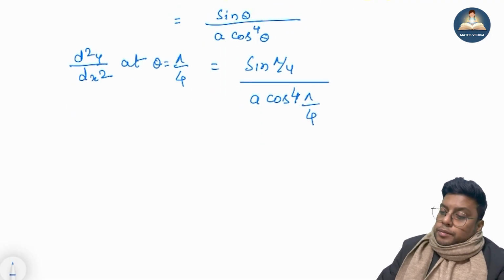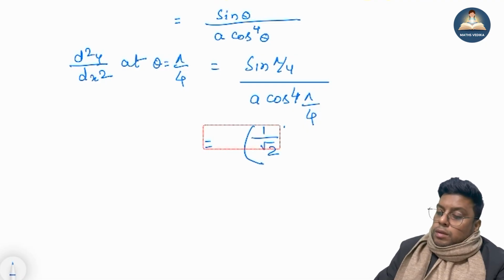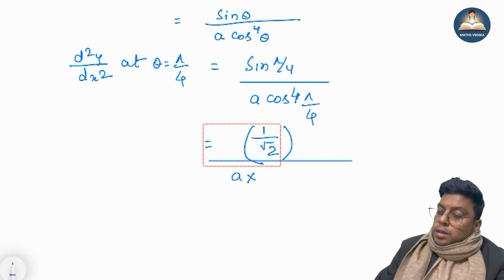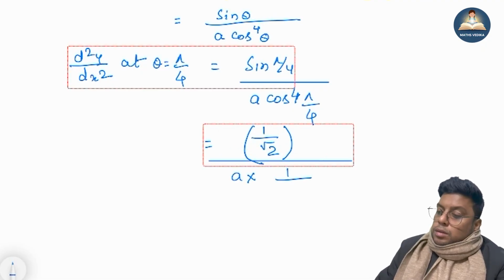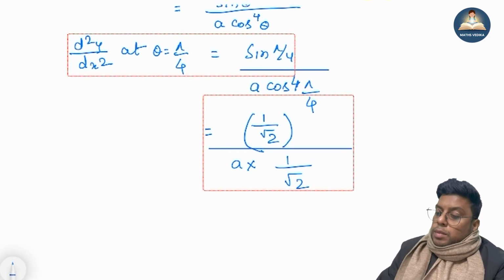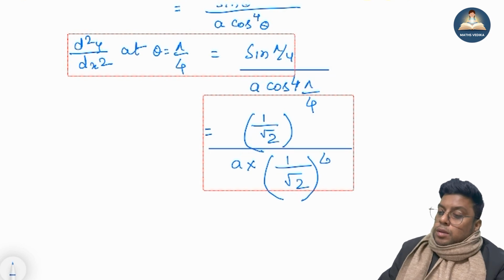Here sin pi by 4 is equal to 1 by root 2 divided by a, and cos pi by 4 is also equal to 1 by root 2, to the power 4.